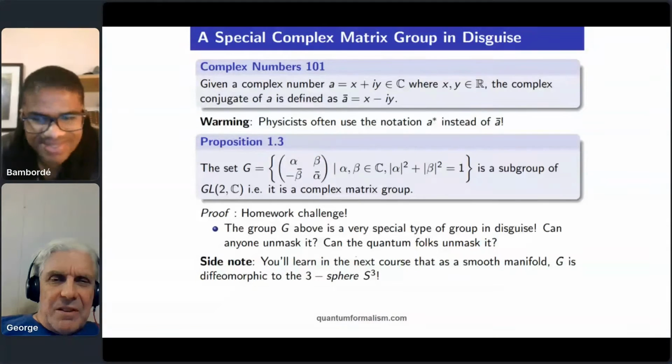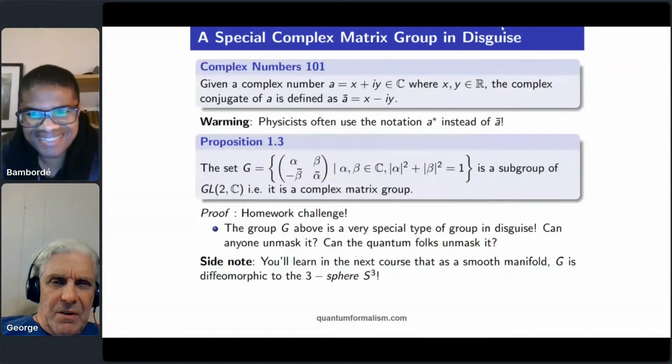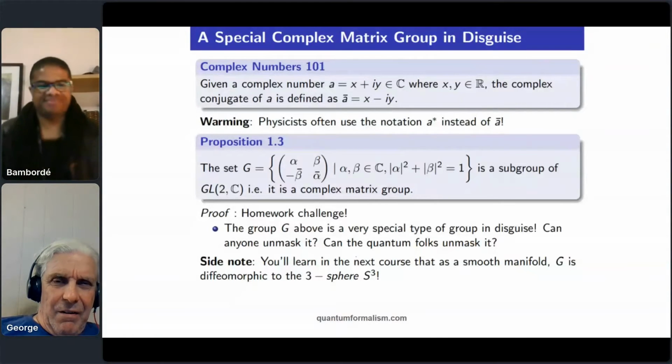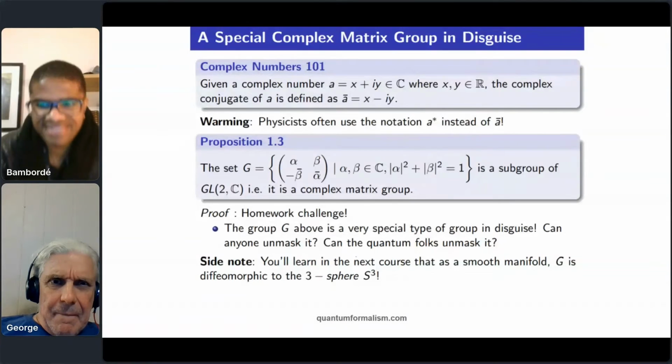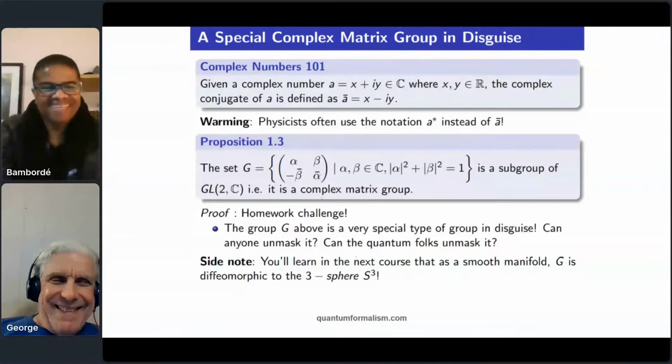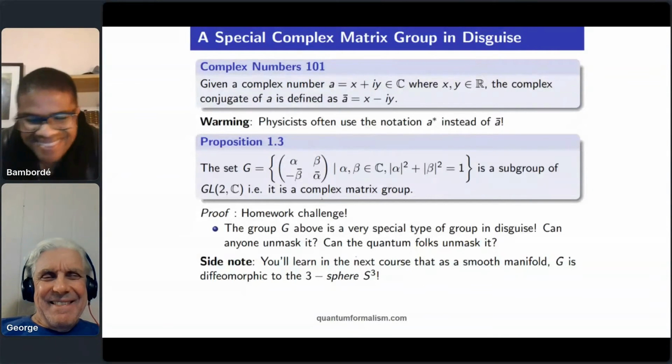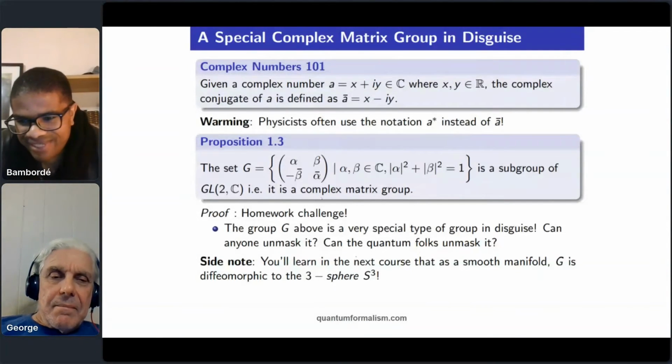Yeah, it seems clear that the norm of alpha and beta is 1. Okay, so which group is this? It's a very famous group. Can anyone give a hint?